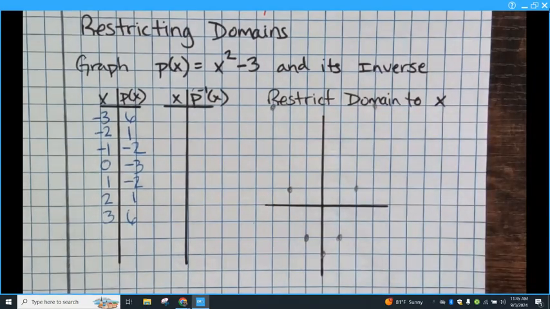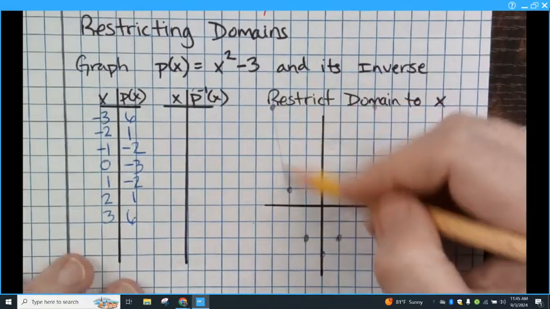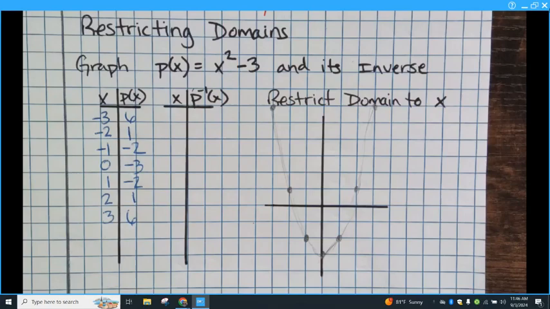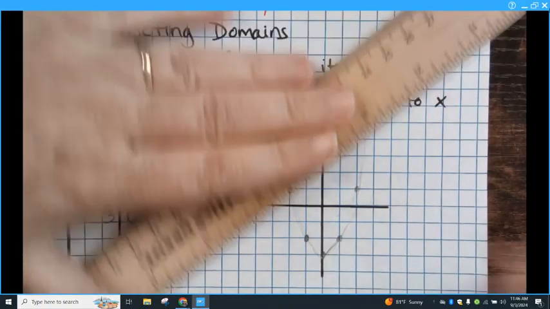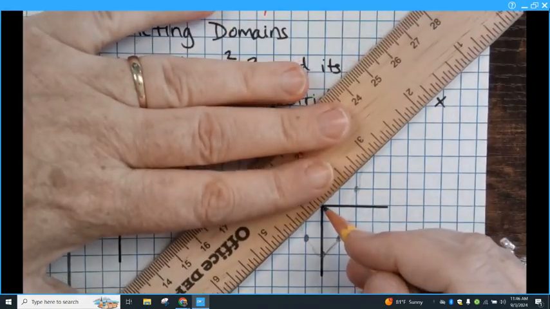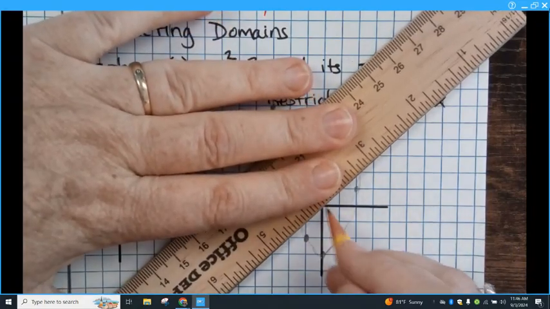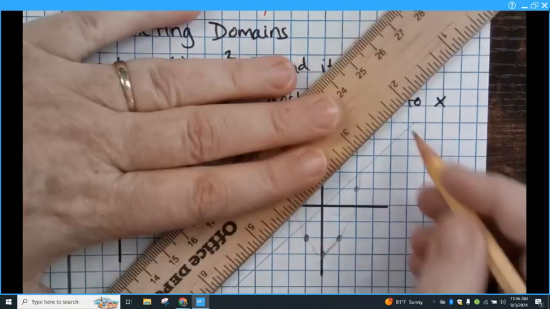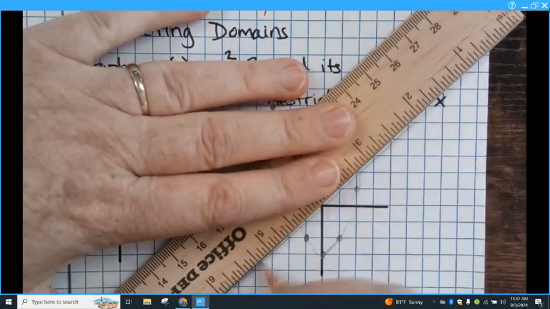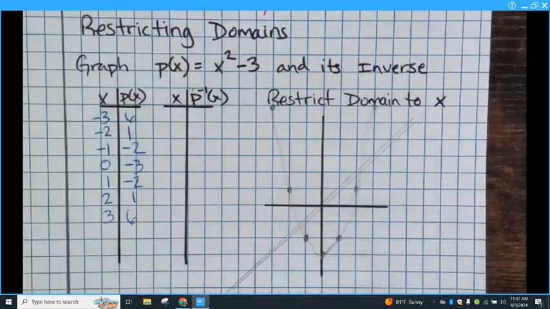Okay, so you can see a parabola, and I'm going to do it really lightly because I'm going to erase some of it. So I'm going to go ahead and do the y is equal to x, which is right here for the most part. That wasn't the best. Okay.